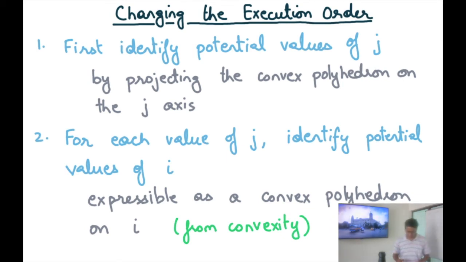But in general, if I take one dimension out and project on it, and then figure out the space for the rest of the iteration variables for a fixed value of the projected-out loop iteration variable, in this case J, then I'm guaranteed to get a convex polyhedron on I.